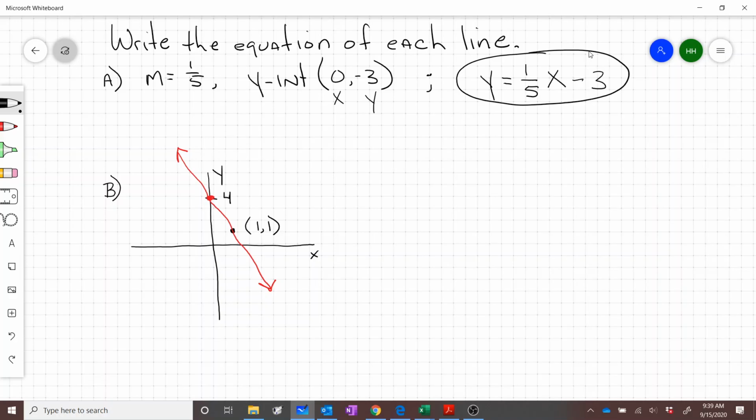So in order to find your slope, just use the slope formula. Your m is equal to y sub 2 minus y sub 1 over x sub 2 minus x sub 1. If we call this point our x sub 1 and y sub 1, and this other point, the y-intercept, the coordinates there are 0, 4.